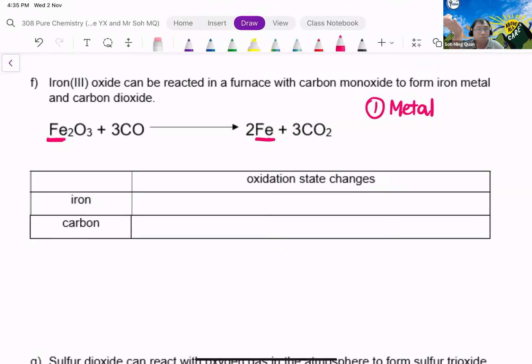Fe2O3. What is the oxidation state of iron in Fe2O3? Chiang, what's the oxidation state of iron in Fe2O3? +3. Okay, thank you.